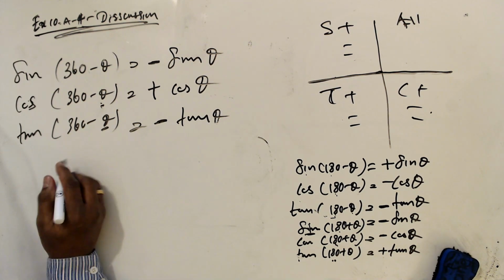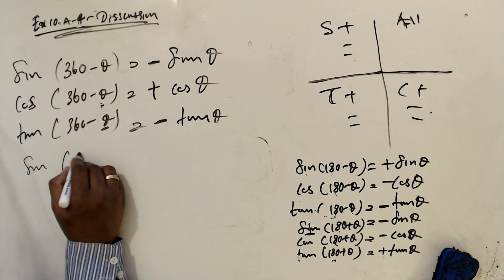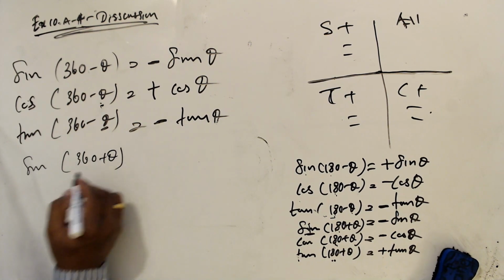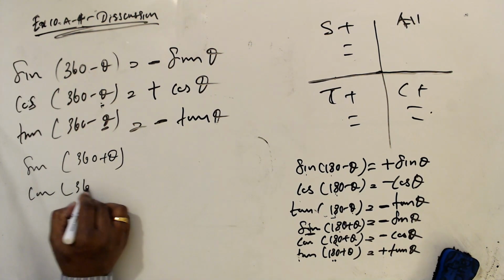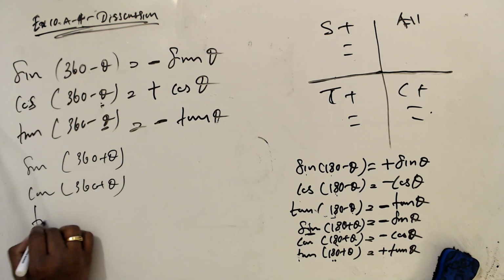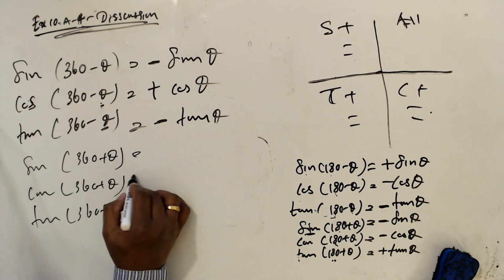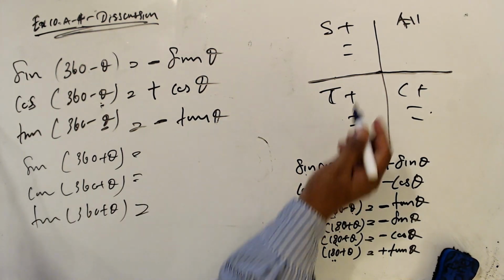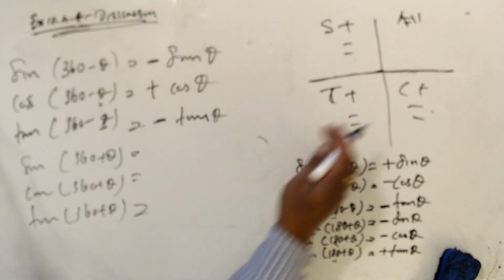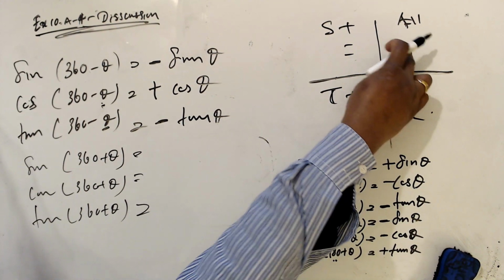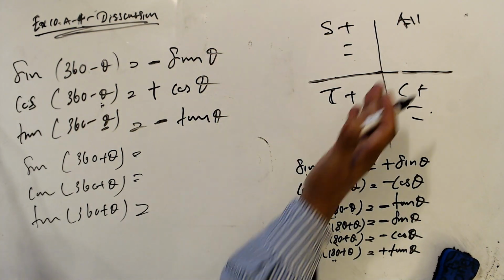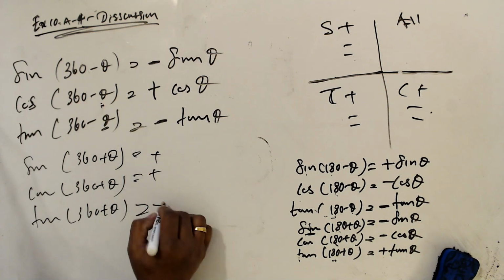To complete the note, I can write sine 360 plus theta, cos 360 plus theta, tan 360 plus theta. We know that in this first quadrant, for 360 plus theta, the angle is in the first quadrant, so all are positive.